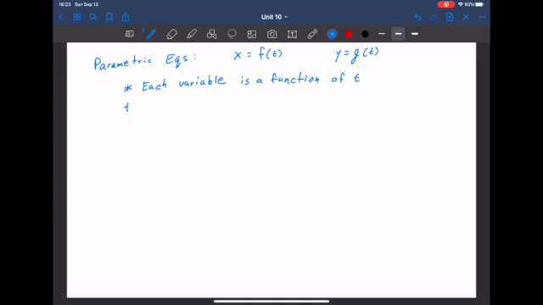And this t, you might be able to guess, represents time. Usually in some interval, like a to b. I guess I want to say it can be infinite.